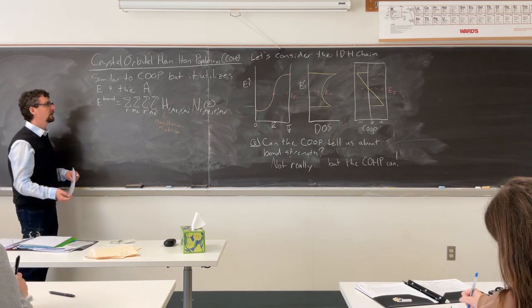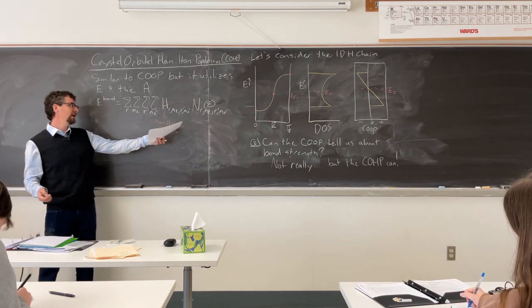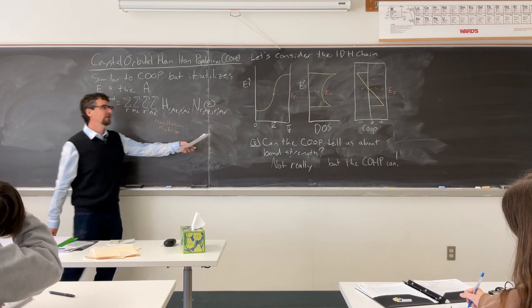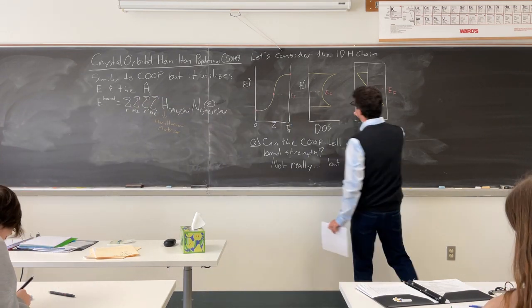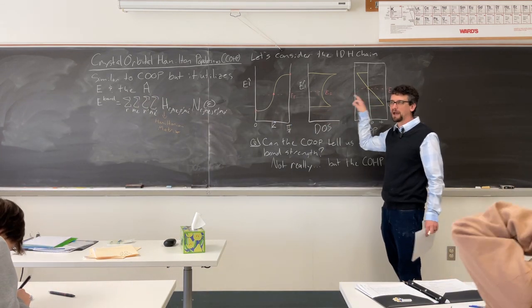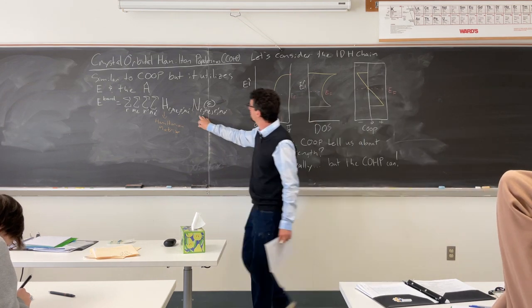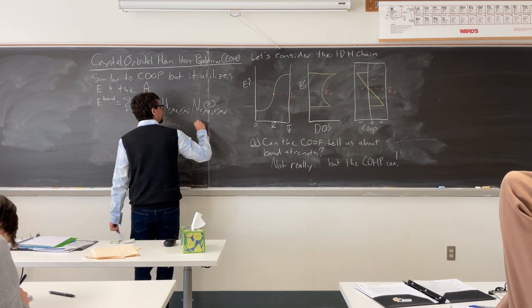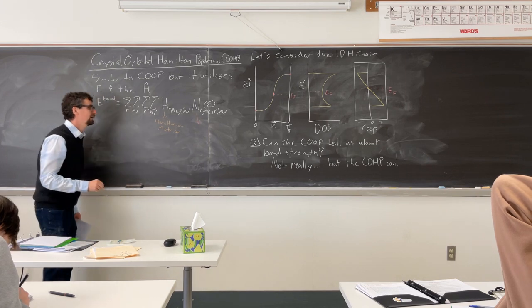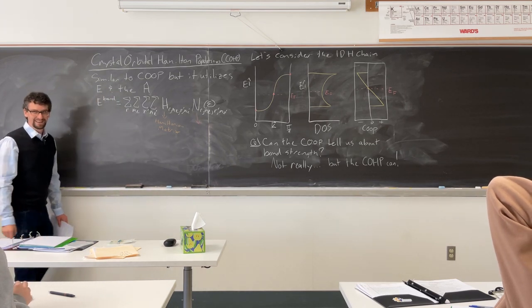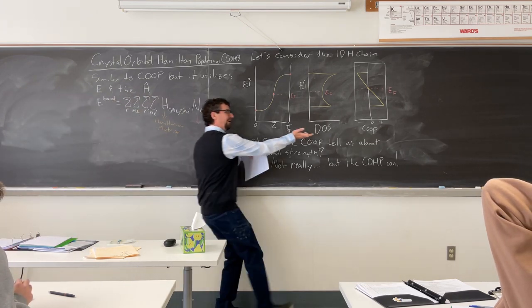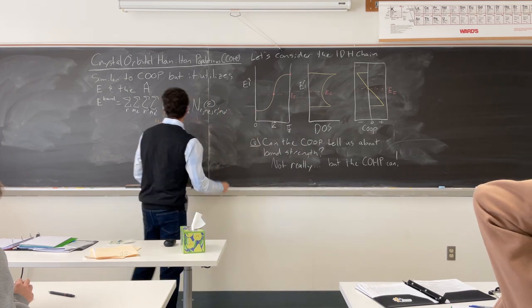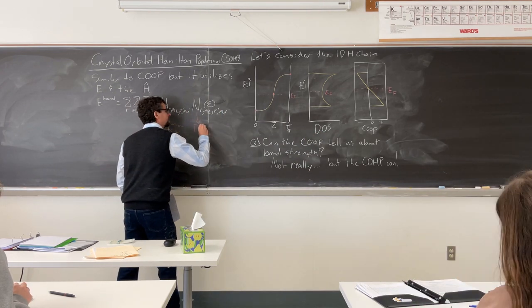Yep, number of states, number of energetic states. If this was the Hamiltonian matrix, and if you remember back, the COHP was related to the DOS times overlap. What do you think this thing is? Which is also, yes, this is the DOS matrix.